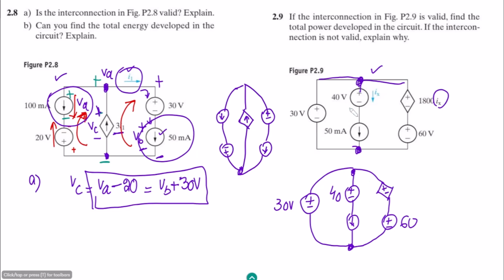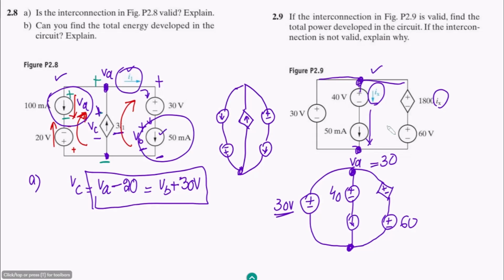So the voltage must remain the same between all of them, because if this is VA, so VA is 30 volts, because across these two nodes the voltage is 30 volts. Similarly here, this is 1800 Ix, so what is the value of Ix, as it is flowing through this branch?